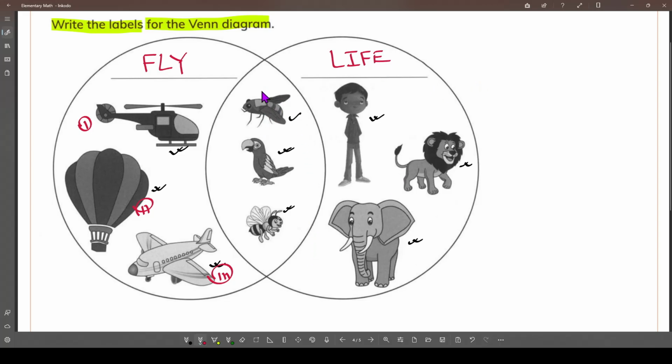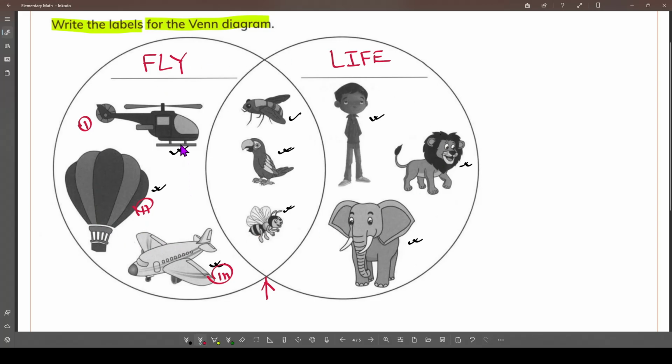So in this middle portion, birds have life and also can fly, and in life, the man, elephant or lion has life but cannot fly. Similarly, the helicopter or aeroplane can fly but has no life.